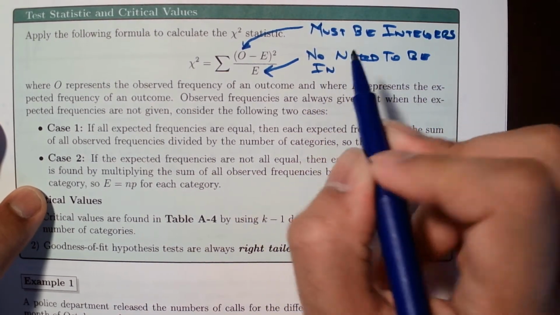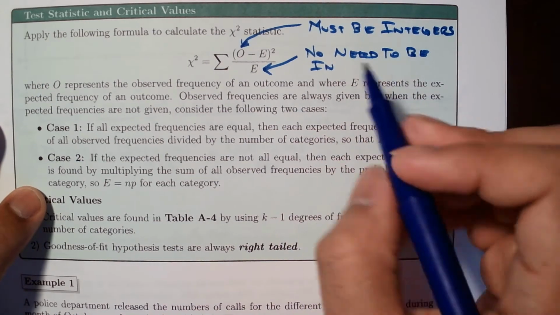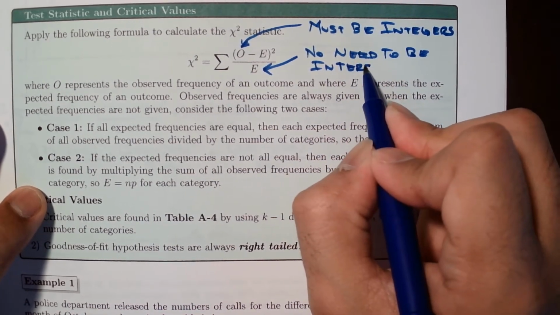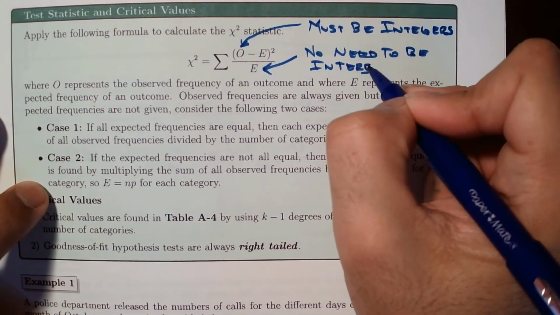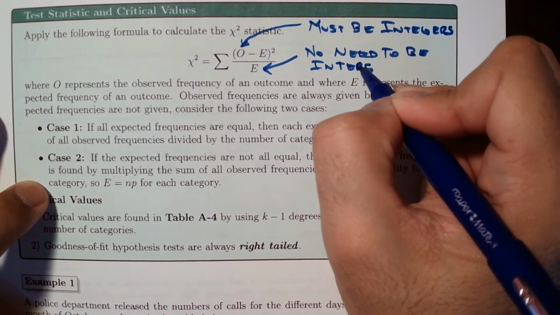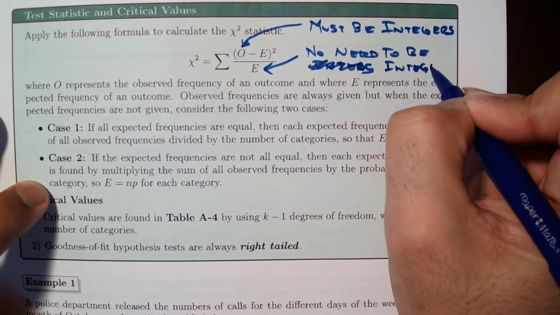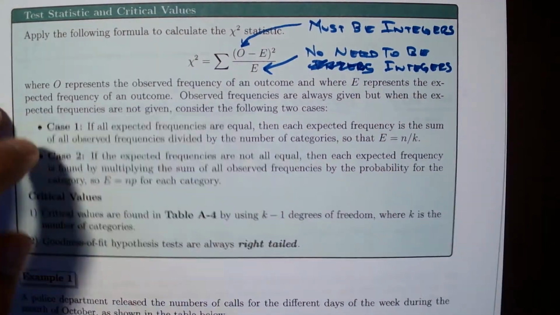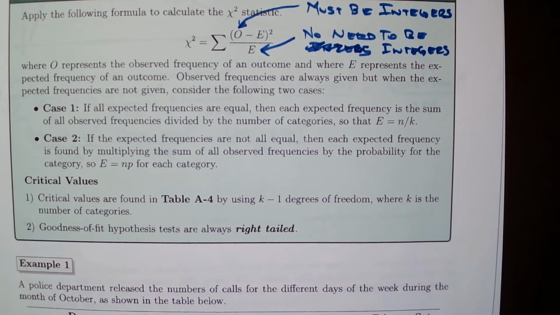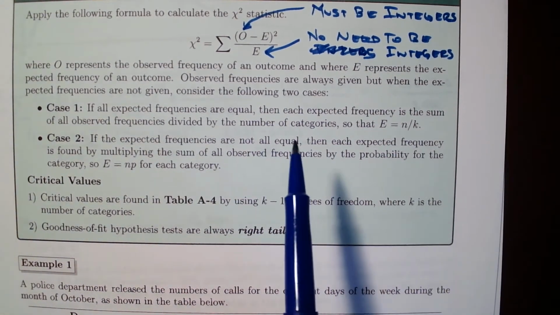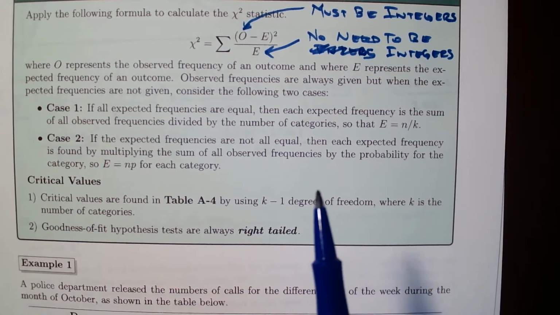I mention this because in the examples that we are going to cover in this lesson, all of them are going to be integers, but when you do the homework or if you run into situations in which these won't be integers, don't freak out.